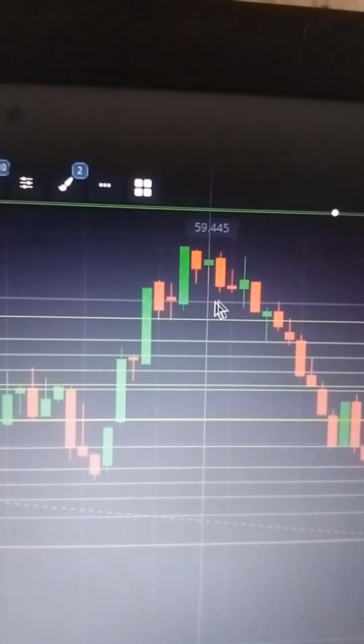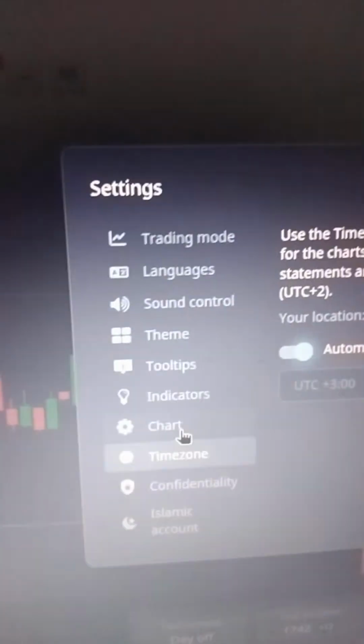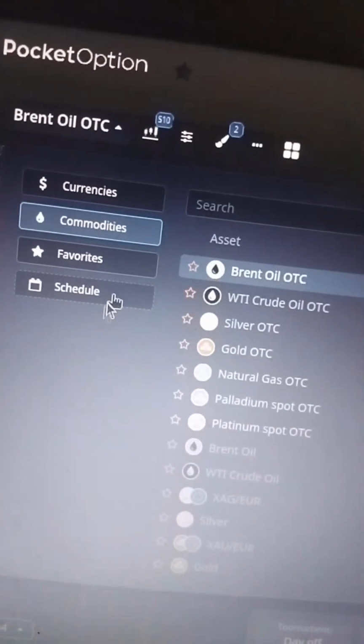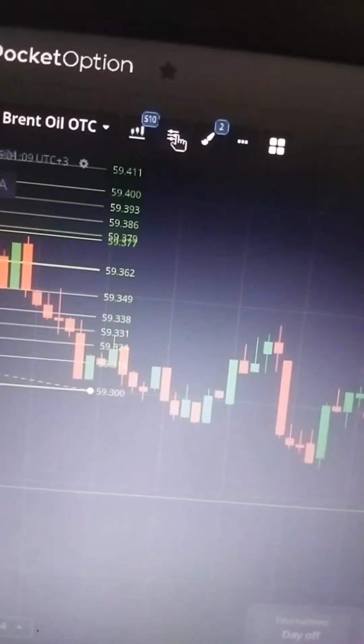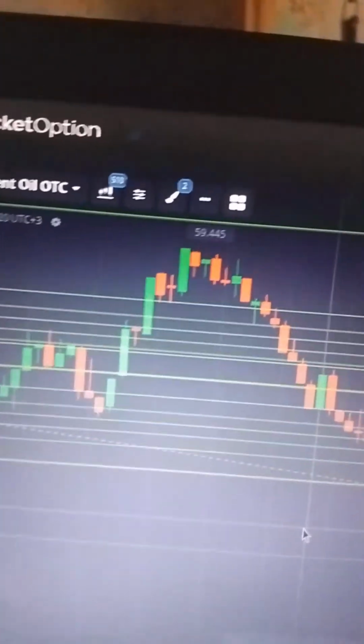Something happened up there. It may be on the 5 seconds. Let us turn off this auto scroll. I have to turn that off. So something has happened up there.